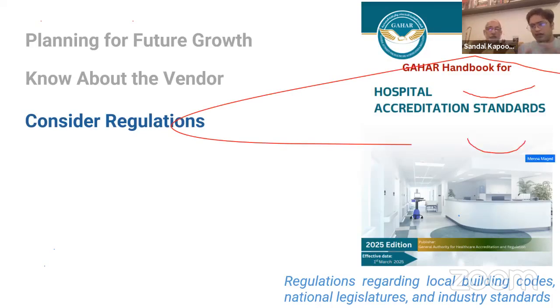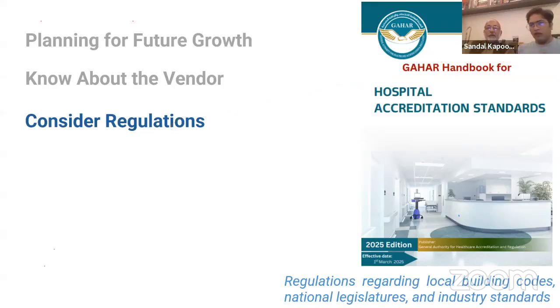Similarly, we have GAHAR in the case of Egypt. So all these regulations have to be taken care of while planning the equipment. We should not select any equipment which is not in compliance with the local norms or regulations.